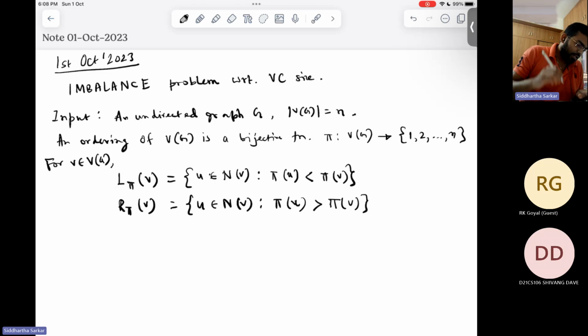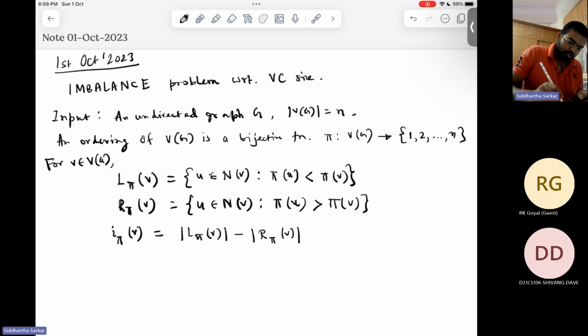And the imbalance at the vertex v, the imbalance of vertex v with respect to pi, is the difference of L pi of v and R pi of v.